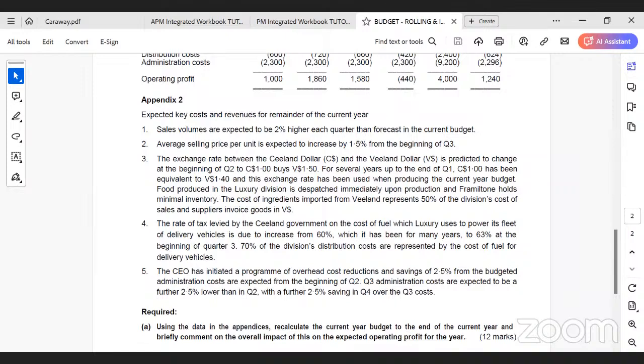Well, I will share the answer for that rolling and incremental part, but let's focus on this ABB now.